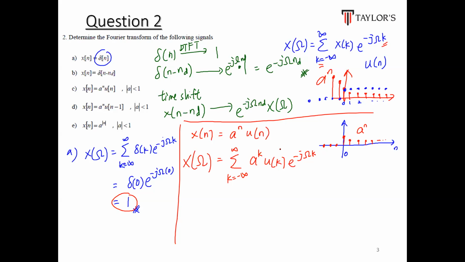Now, if you look at this signal, a^k multiplied by u[k], your signal only starts from this point and ends at infinity. So I can change my limit to k equals 0 to infinity and get rid of u[k], because that is the information that tells me to change my limit from 0 to infinity.